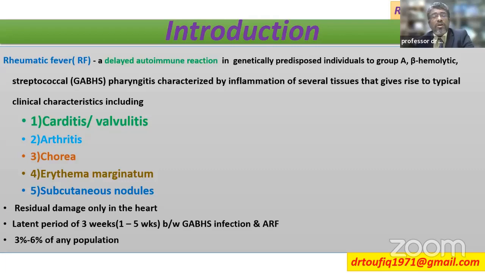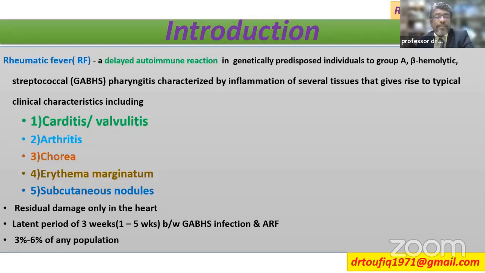So what are the organs where the autoimmune reaction usually occurs following a pharyngeal infection with streptococcal bacteria? That is the heart, joints, brain, and the subcutaneous tissue or skin. So these are the 4 organs usually involved following throat infection, where autoimmune reactions may occur.